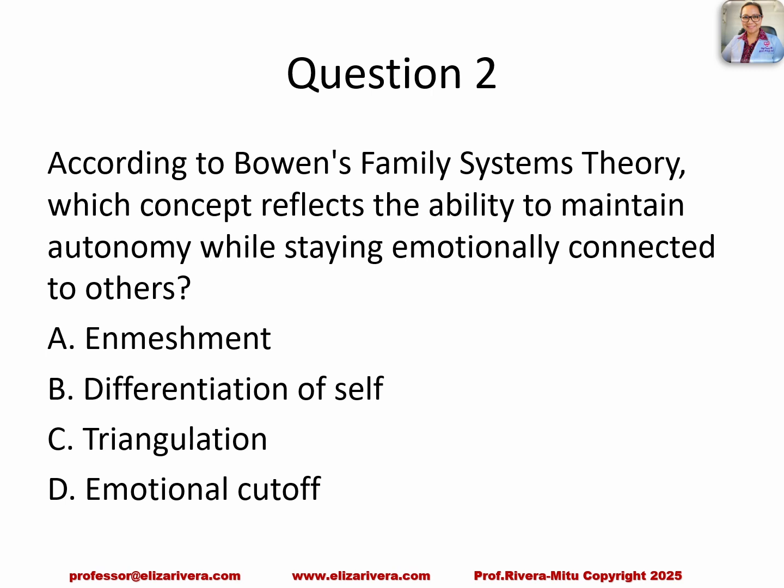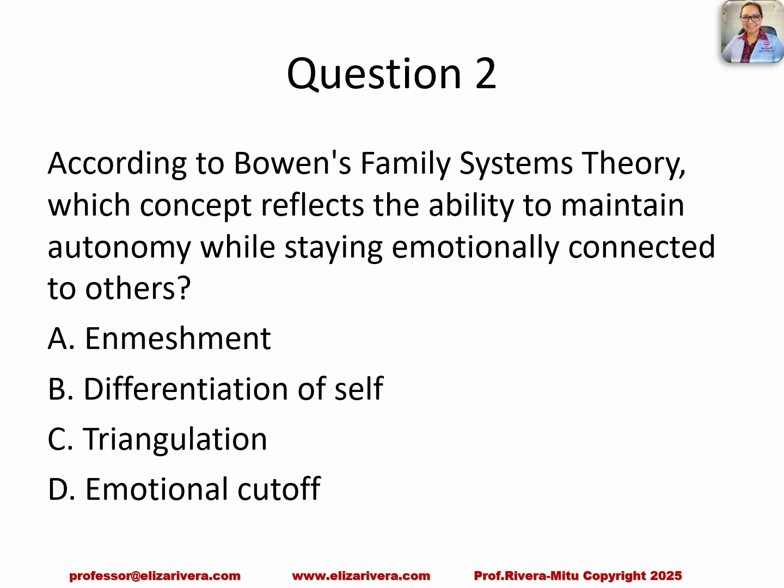Differentiation of self. This refers to the capacity to balance emotional and intellectual functioning while maintaining closeness with others, which is central to Bowen's model. A. Enmeshment refers to overly close relationships with blurred boundaries, often used in structural family therapy, not Bowen. Triangulation, letter C, involves drawing a third party into a dyadic conflict, not autonomy.